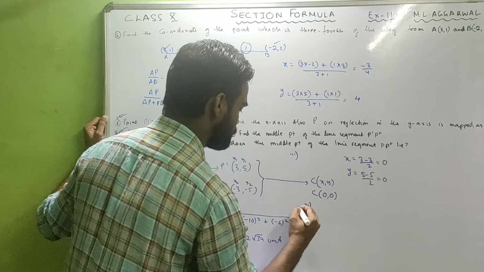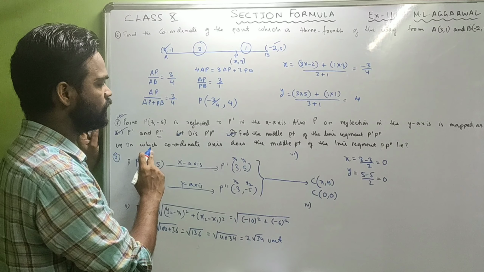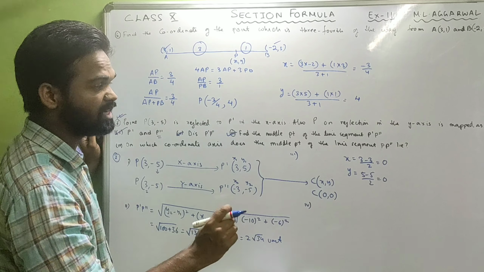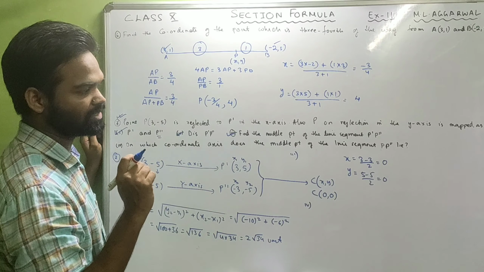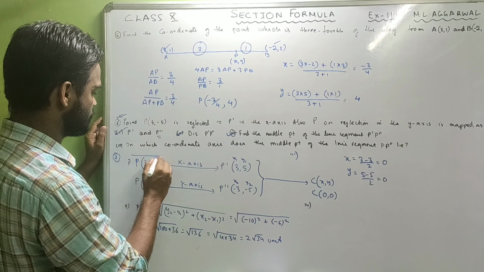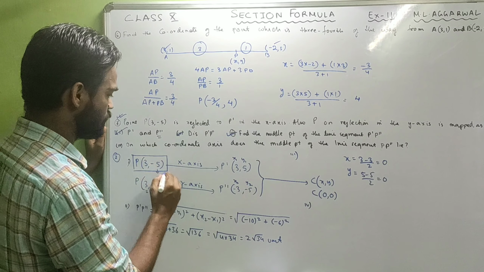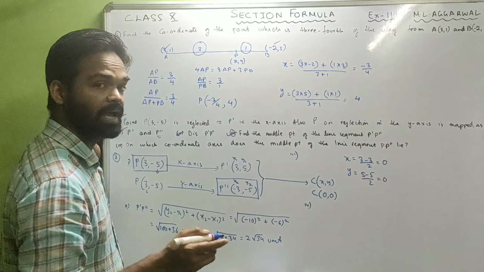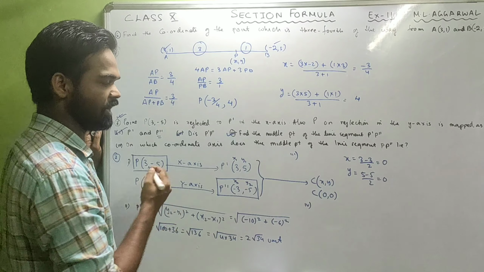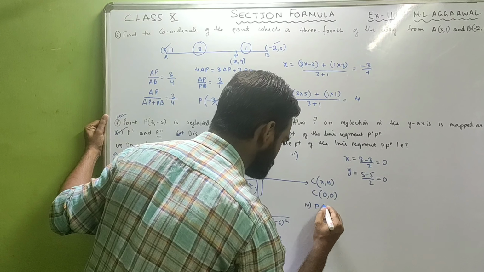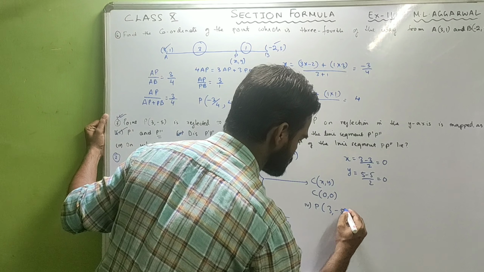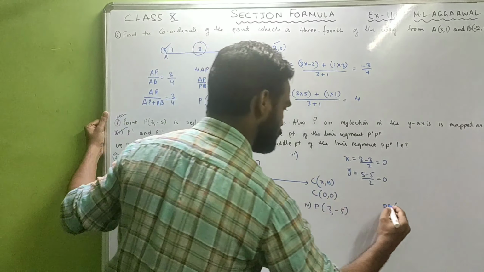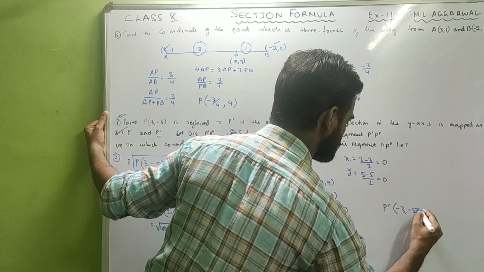Last, on which coordinate axis does the middle point of the line segment P and P double dash lie? We need to find the midpoint and see on which axis it lies. Very easy. See, your P is 3 comma minus 5 and your P double dash is minus 3 comma minus 5.